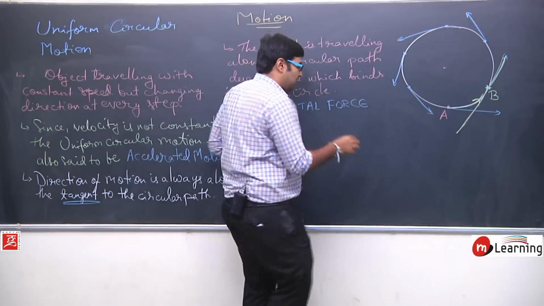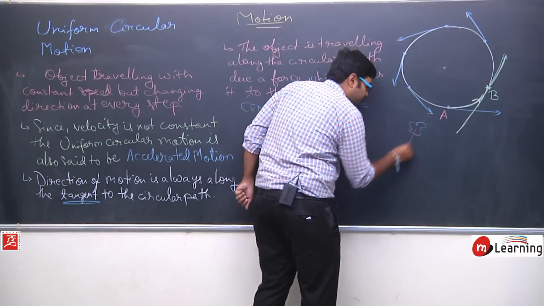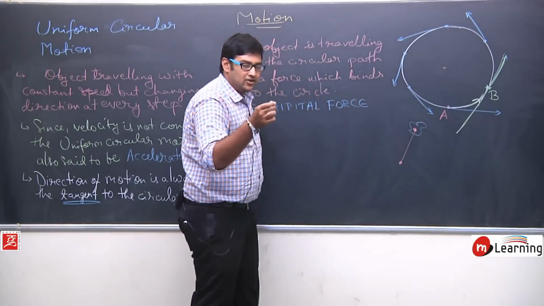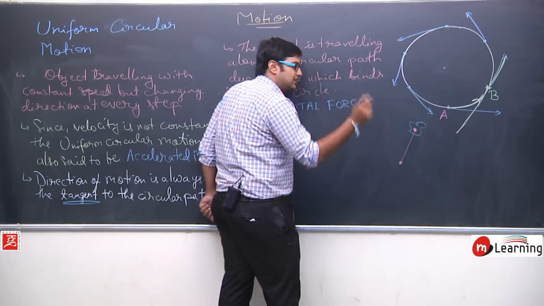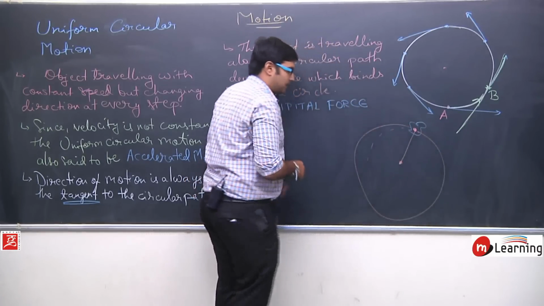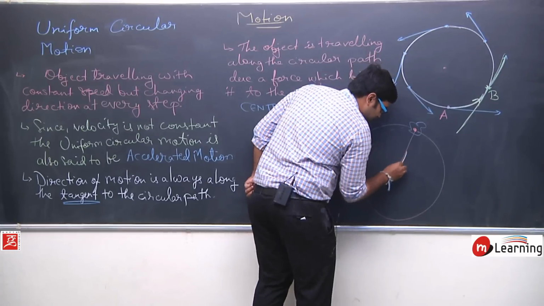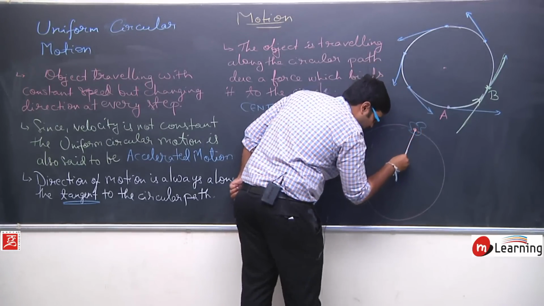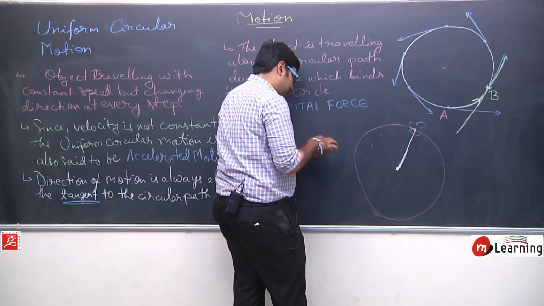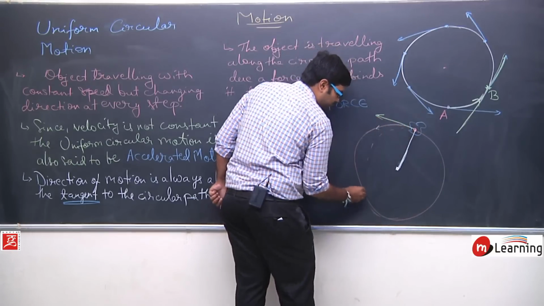Okay, for example, let's say this is a stone, and if I tie it like this, hold the other end of this thread and start moving it like this, the stone will move along this circular path. Let's say this is the point. The stone will move along this circular path, and at every point the direction of motion of the stone will be tangent to this circle.